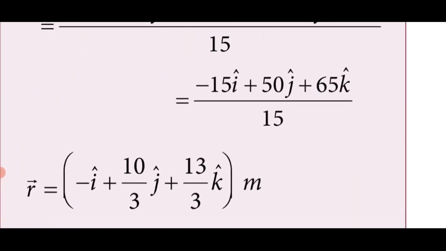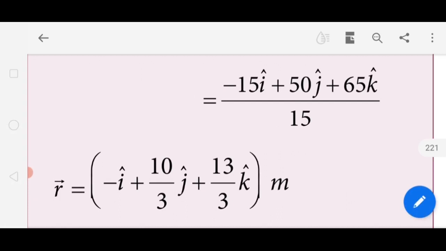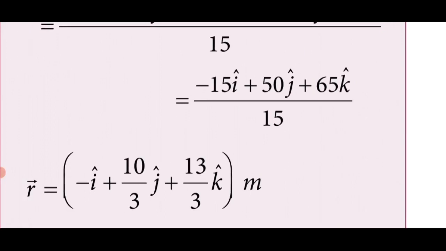If we cancel this individually, for the i part it is 15 by 15, which is equal to 1, so that is minus i. And 50 by 15, we can cancel in the table of 5, so it is 10 by 3, and again the same thing, in the table of 5, 13 by 3 for k.